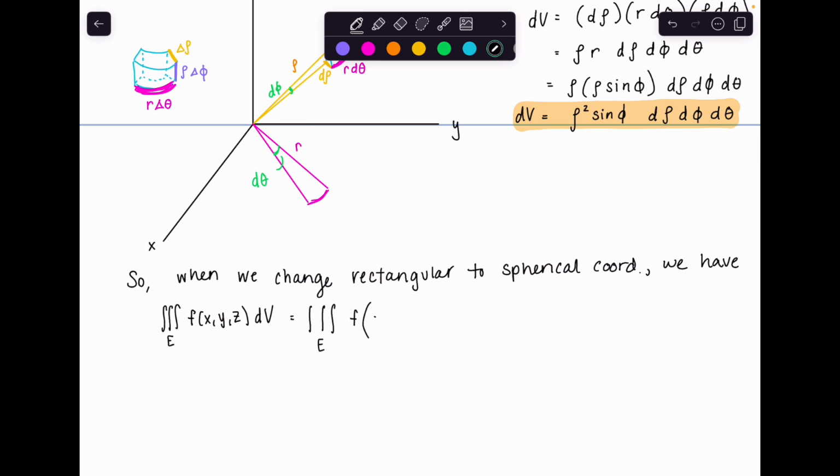Your x is rho sine of phi cosine of theta. Any y's get replaced by rho sine of phi sine of theta. And z gets replaced by rho cosine of phi. Then your dV switches over by adding in an extra rho squared, a sine of phi, and then we finally can integrate with respect to these three variables.